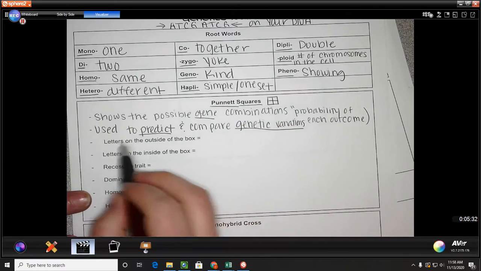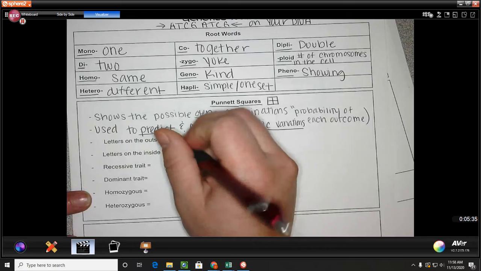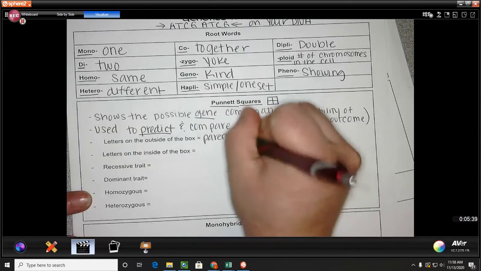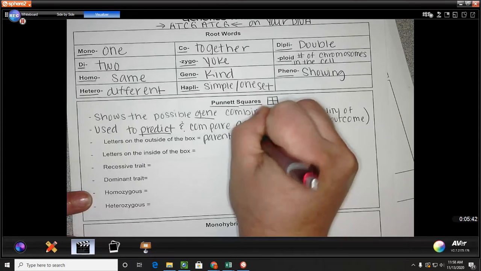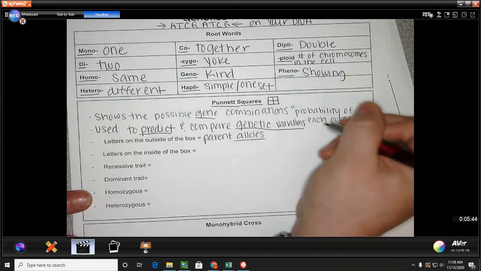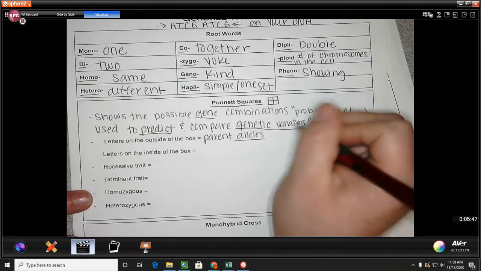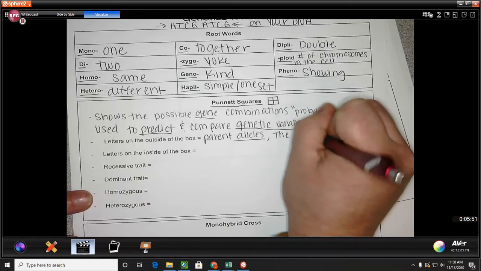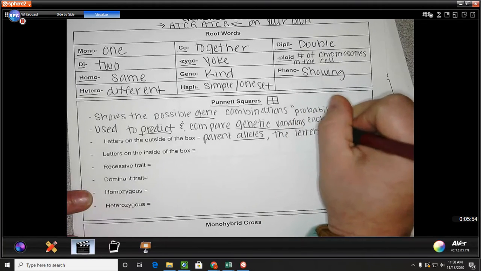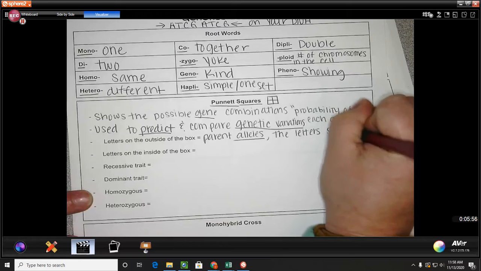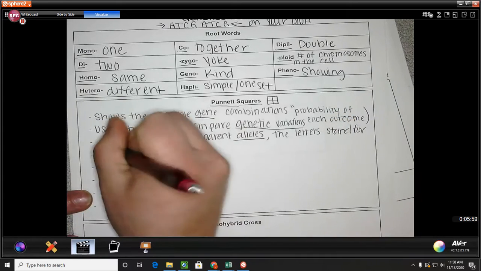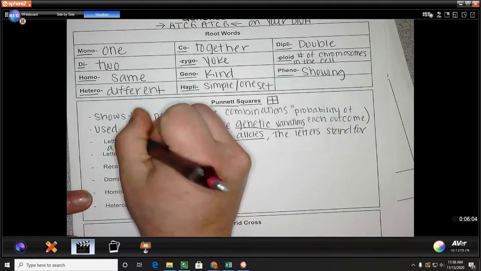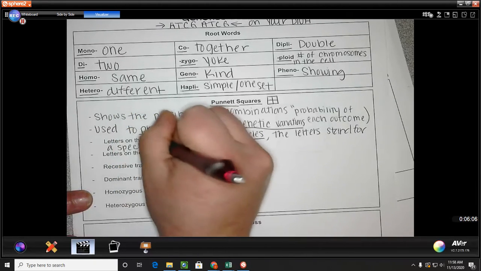All right, so letters on the outside of the box. Those are your parents, and we call them alleles. So alleles are the letters. The letters stand for a specific trait.